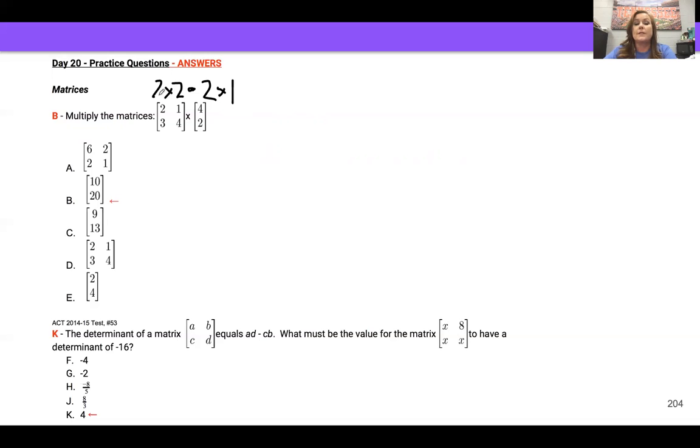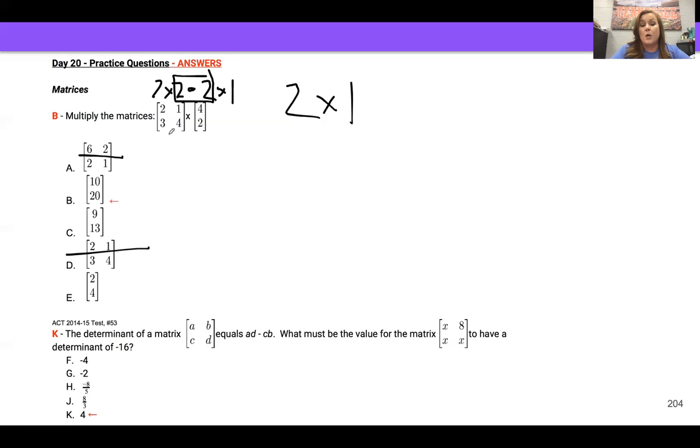So since this is a 2 by 2 times a 2 by 1, these two have to match. So our result should be a 2 by 1. 2 rows, 1 column. Can't be this one, and it can't be that one. That's why that's kind of handy.